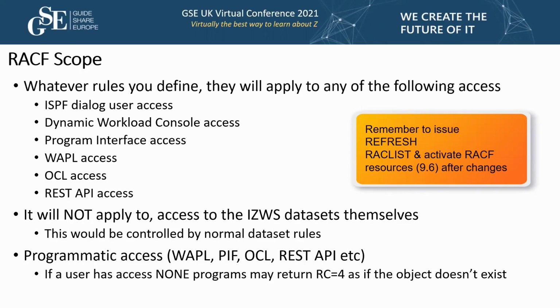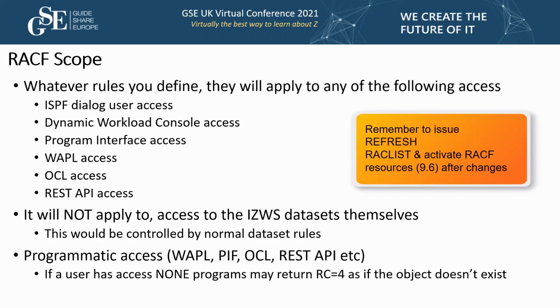I get many people coming to me and saying, PIF's not working. I'm running this job and it's giving me return code 4, but when I look in the panels, I can see it. And the first question I ask is, are you running the batch job under the same user ID as the one that you're looking through the panels with?